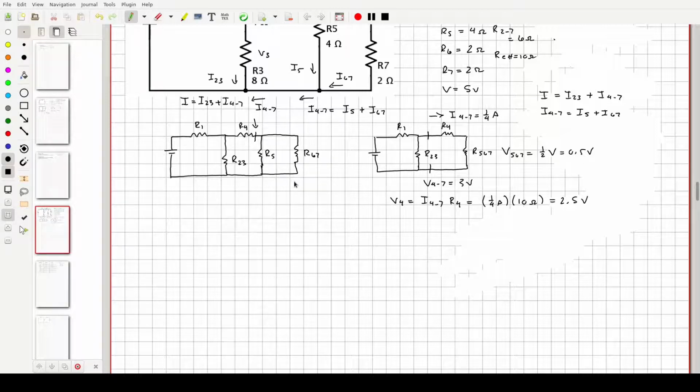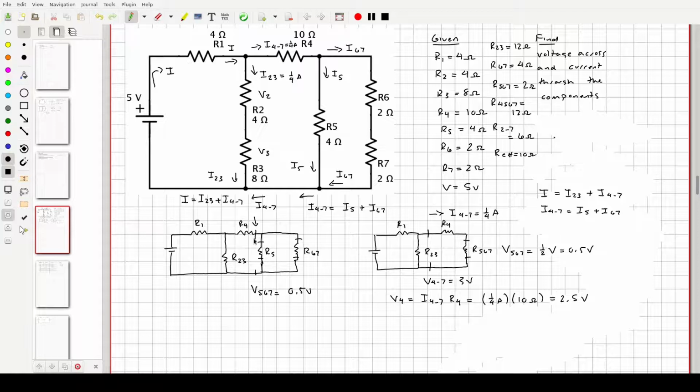So again, we found out that the voltage across 567 was half a volt. So here, half of a volt right there. And this is in parallel, which means that you're going to have half a volt across this, and you're going to have half a volt across this.